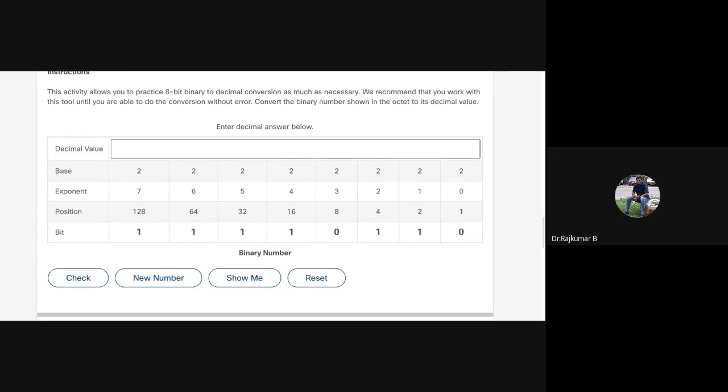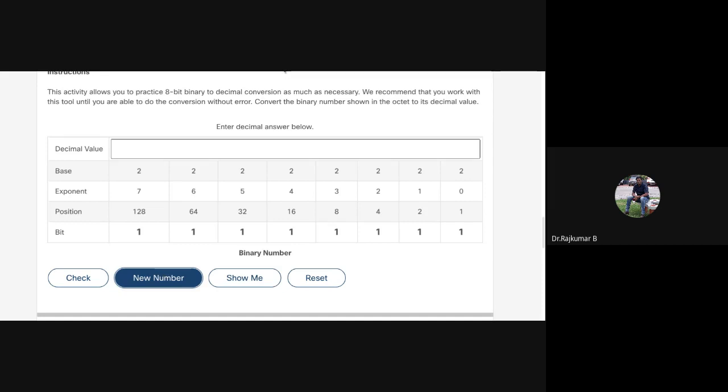Try to calculate. Good. 246. Let us see what's the answer. It is 246. Absolutely.